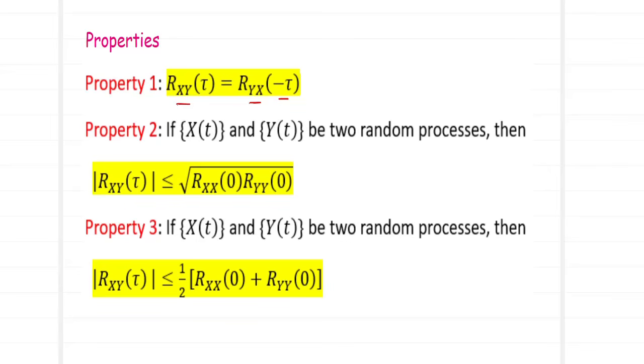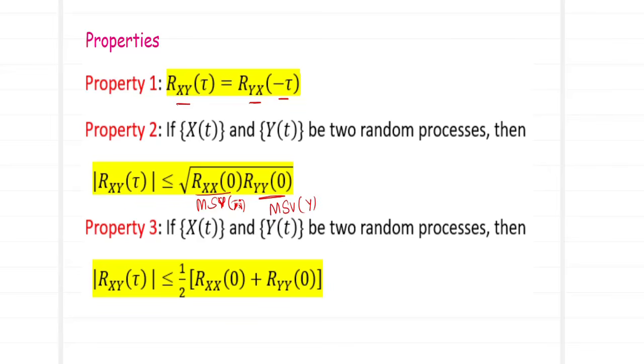The second property says that if x of t and y of t are two random processes, then the cross correlation is less than or equal to the square root of the product of Rxx of 0 and Ryy of 0. Rxx of 0 refers to the mean square value of the random process x, and Ryy of 0 is nothing but the mean square value of the random process y.